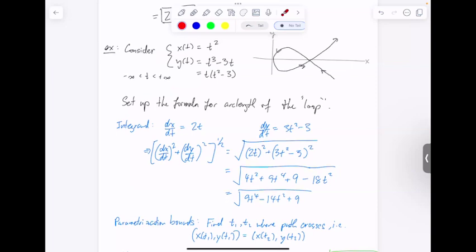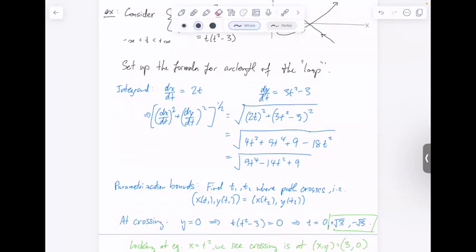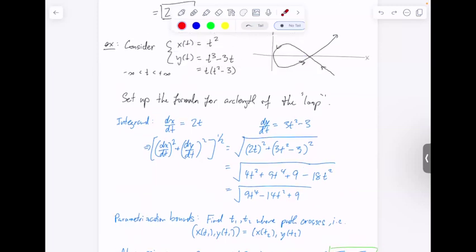In general, if you don't have a picture, then you're going to have to solve this essentially blind. You know exactly that t1 and t2 have to satisfy, at your crossing point, the fact that x and y are both the same. So you're going to have to creatively figure out, if you didn't have this picture, you would have to look at a point in x for which there are two admissible t1 and t2 that give the same value.